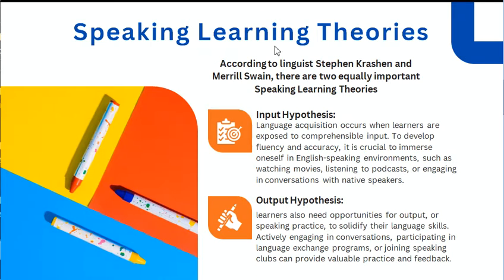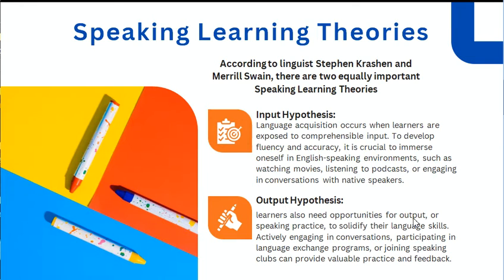But the other one is, it's not only the input hypothesis, but also Merrill Swain says the output hypothesis is important. If we want our students to learn the language, we must give them the opportunity to practice. That's what we call the output hypothesis. Learners also need opportunities for output.